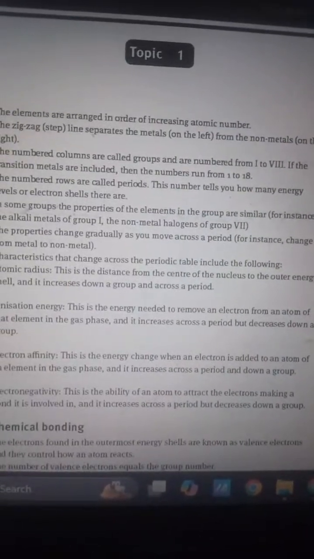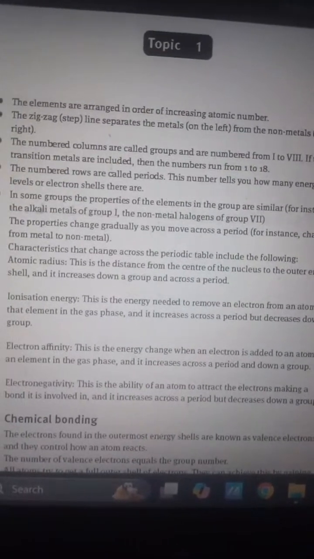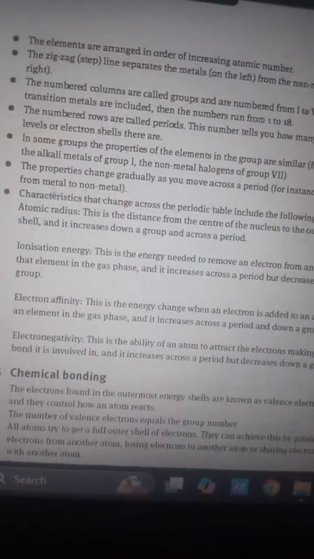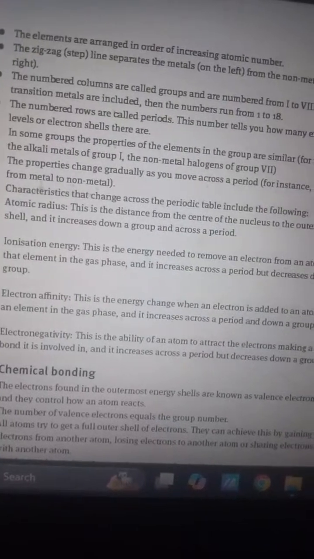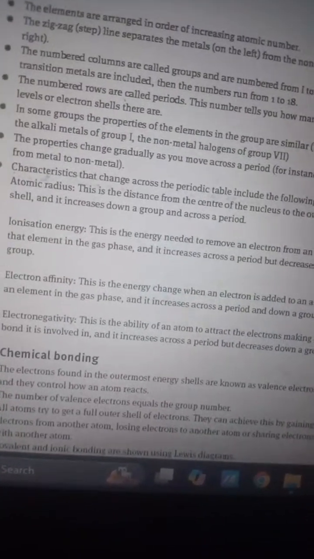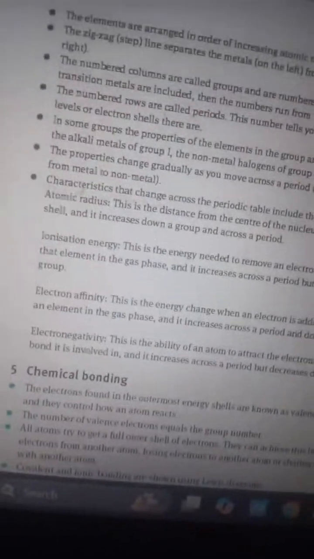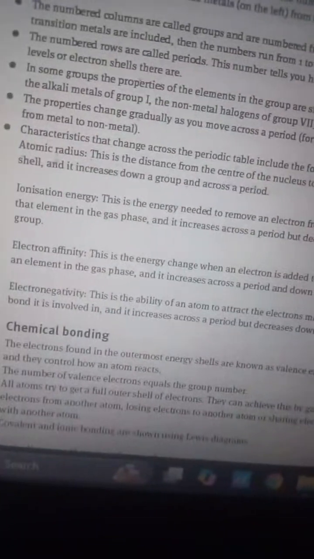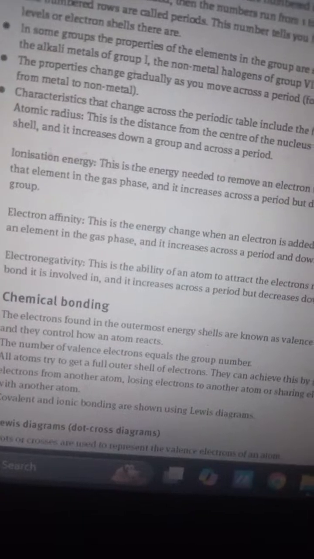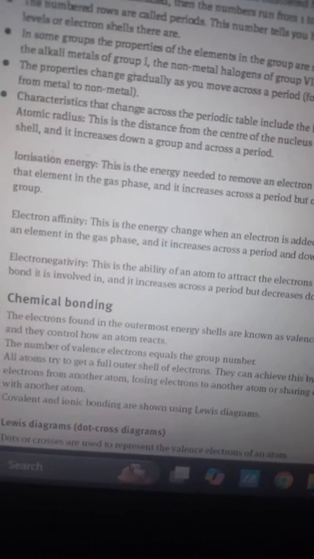In some groups the properties of the elements in the group are similar, right? So there'll be alkali metals in group 1 and non-metal halogens in group 7. The properties change gradually as you move across a period. For example, you'll change from a metal to a non-metal.